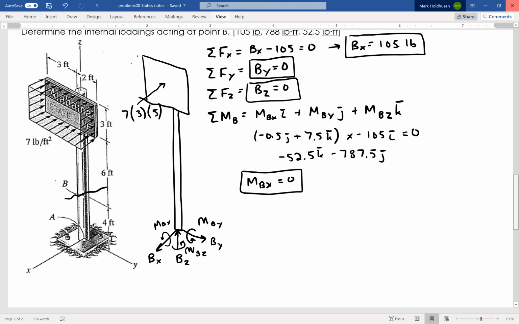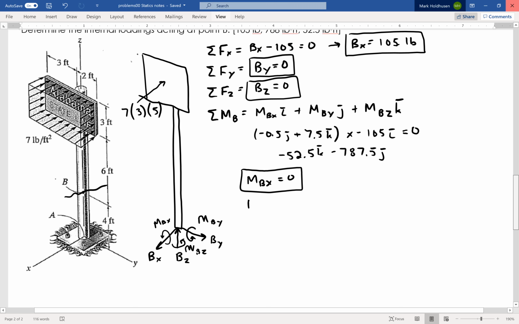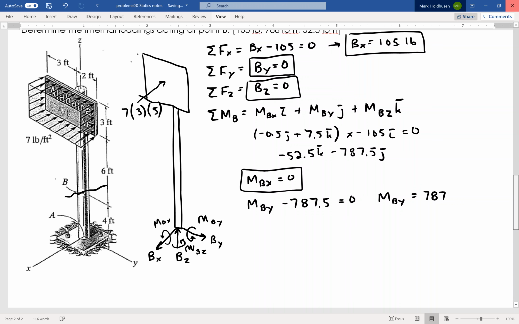In the y direction, I have Mby minus 787.5 equals 0. So from that, I find that Mby is 787.5, and my units on this are going to be foot-pounds.